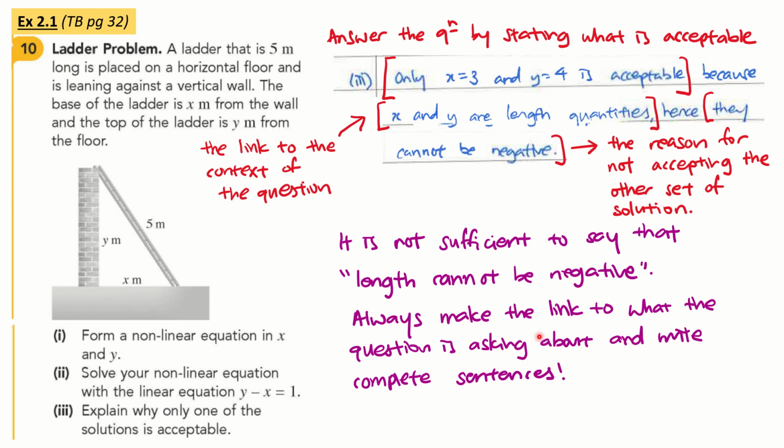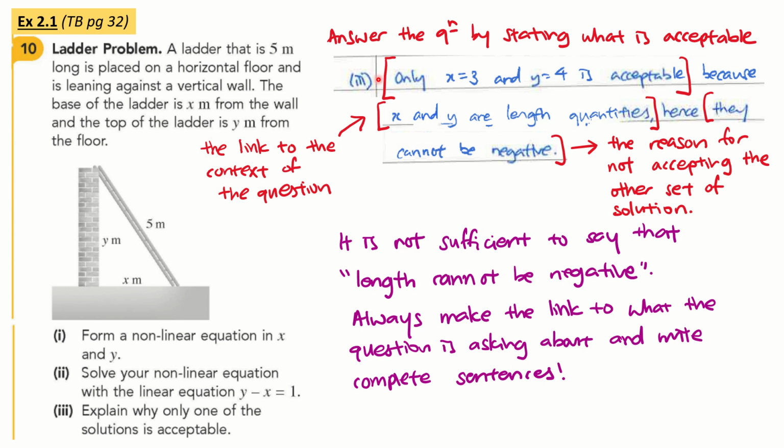Okay? So you need to always draw the link between what you know as a fact to the context of the question, to what the question is trying to ask. So the question is trying to ask us about one of the solutions. We saw that there were two solutions. So we need to state very clearly which one is acceptable in the first place. Okay, and why is it that it is acceptable?